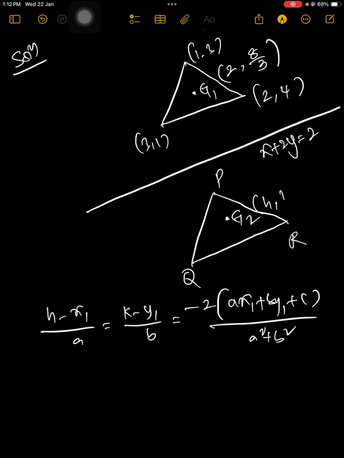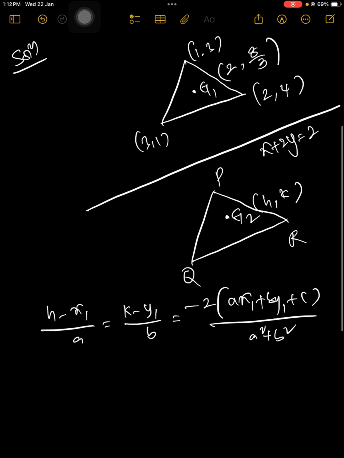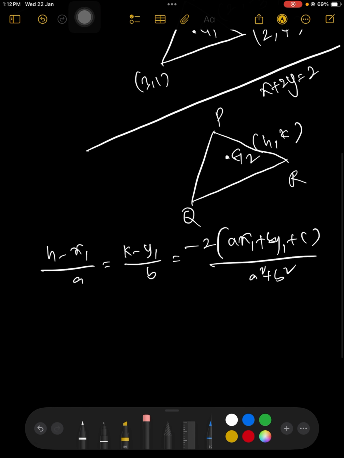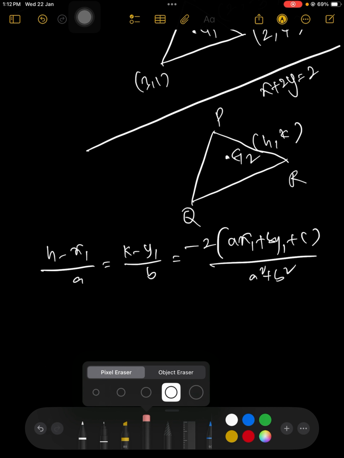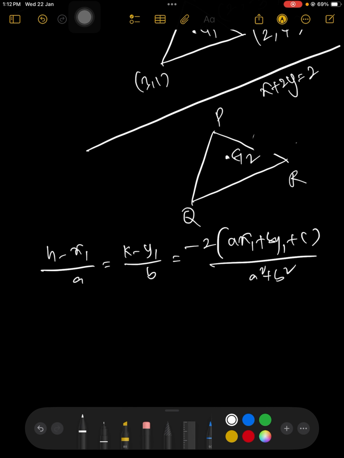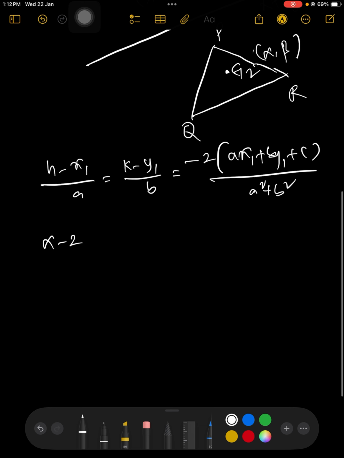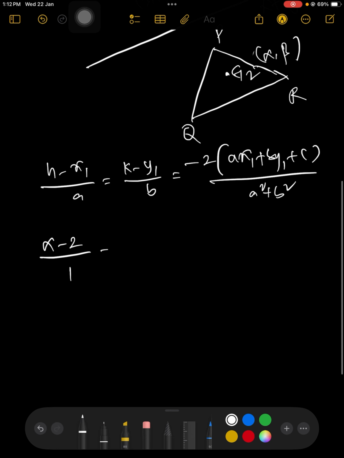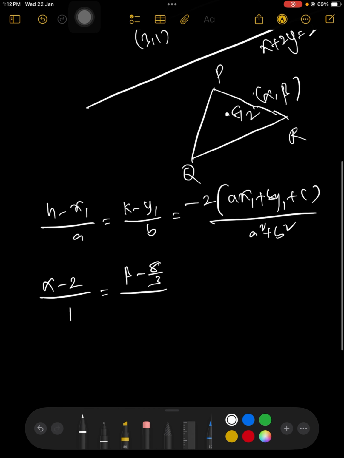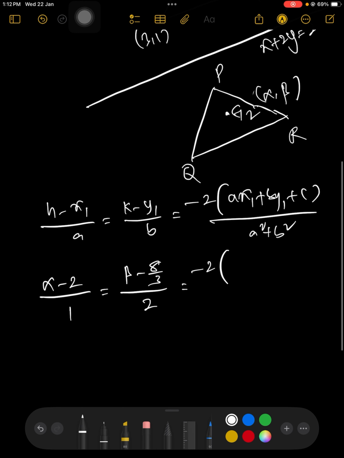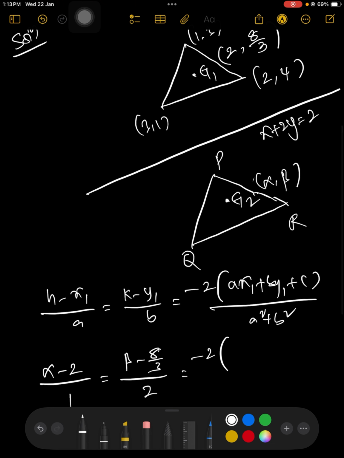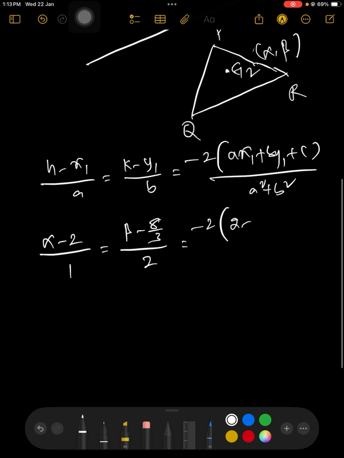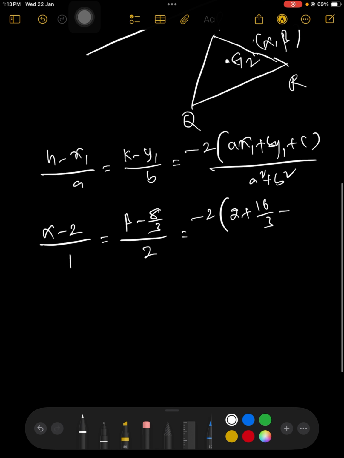Here (h, k) is given as (alpha, beta). So (alpha minus 2) by 1 equals (beta minus 8 by 3) by 2, equals minus 2 times (2 + 16 by 3 minus 2) divided by (1 + 4).